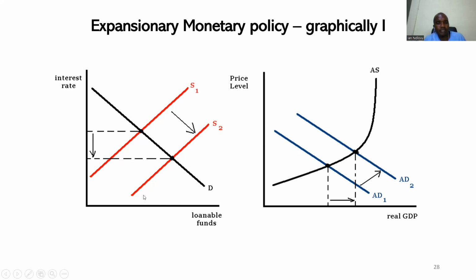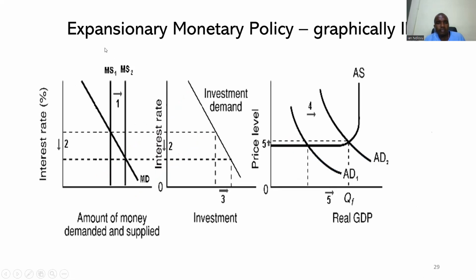And the loanable funds that are demanded by private sector players increase. In general, liquidity improves in the economy, which leads to an increase in aggregate demand from AD1 to AD2. Given that your short-run aggregate supply is fixed, we realize that the equilibrium level of national income increases from that point.